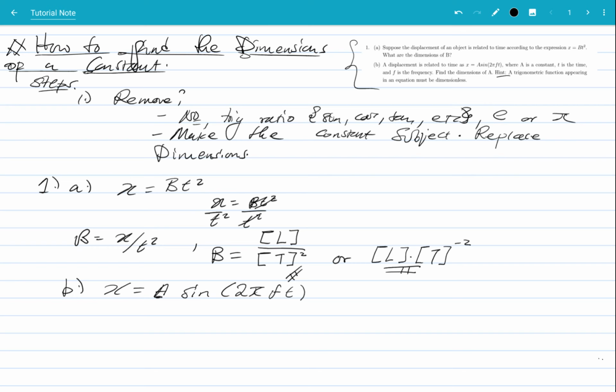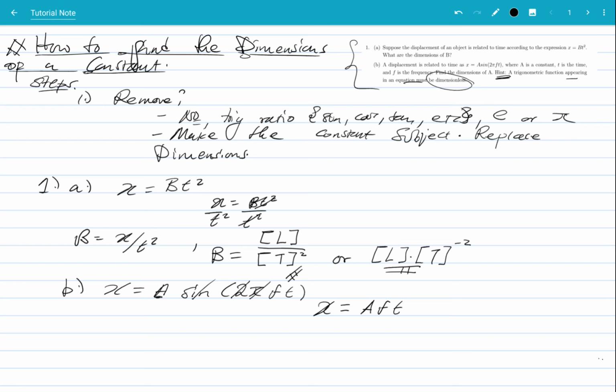We've even been given a hint to say a trigonometric function appearing in an equation must be dimensionless, which means should not have dimensions. Now with this in mind, we'll cancel out the things we don't need. We said a number should not be there, a trig ratio should not be there, and even pi should not be there, which gives you an expression in terms of x being equal to a f t.